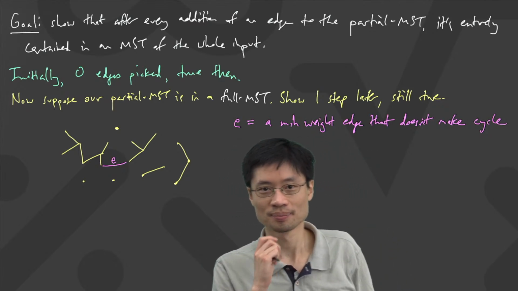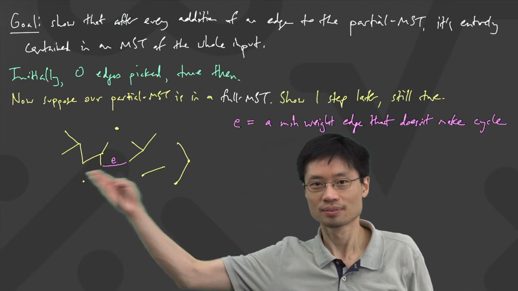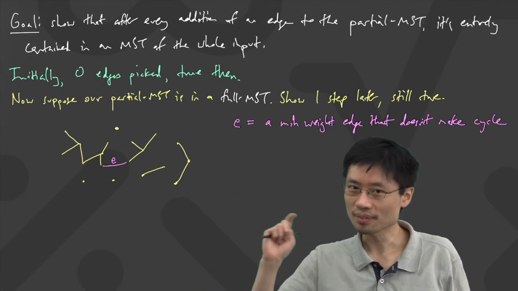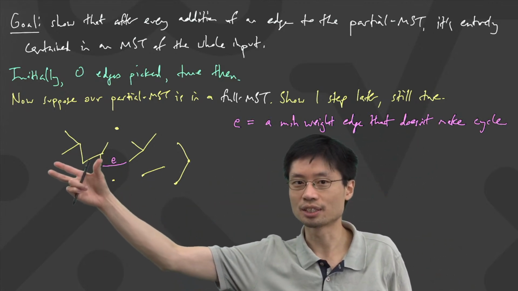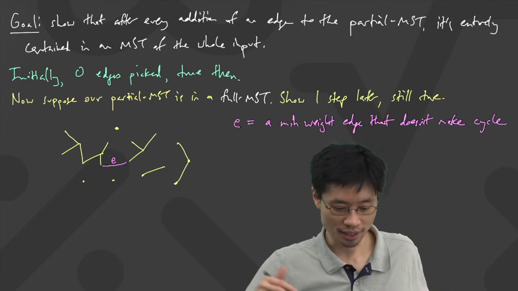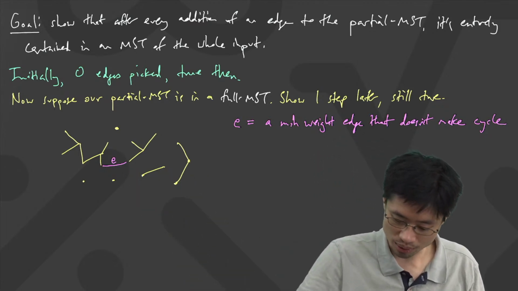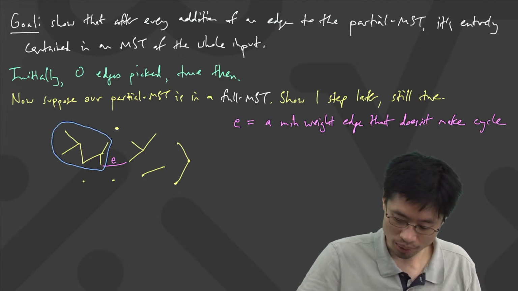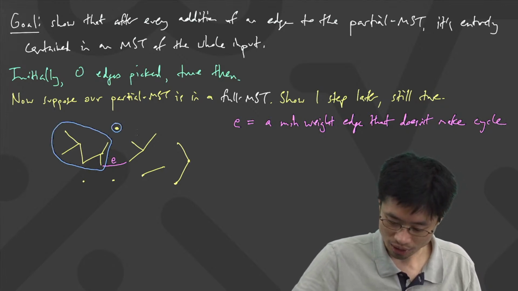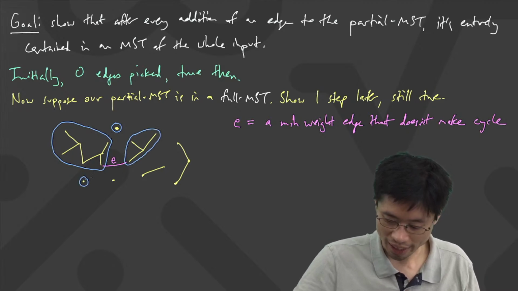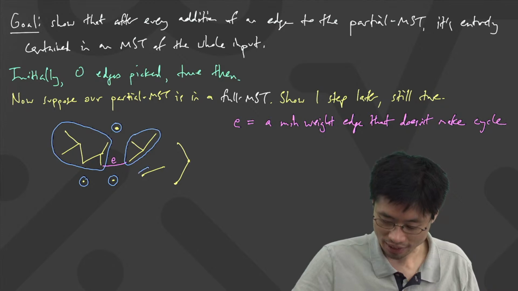Brayden: It has to go between two connected components of the graph. Yeah, so I have all these different connected components of my graph, and so it has to go between two different connected components. Because each connected component is already a tree, if you add any one edge inside it, that's going to make you a cycle.